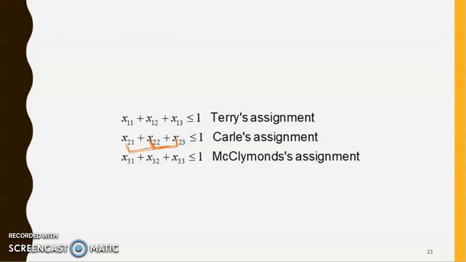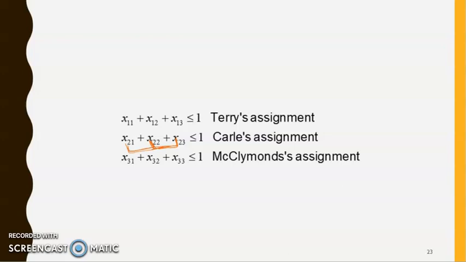And the last one is about the third project leader: assignment of third project leader to the first project, to the second project, and to the third project, smaller or equal to 1. And remember, my friends, when you have such a constraint, it is assuring that Terry is not being assigned to more than one project.